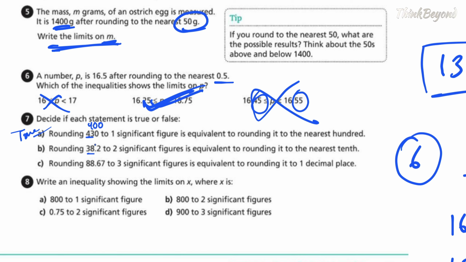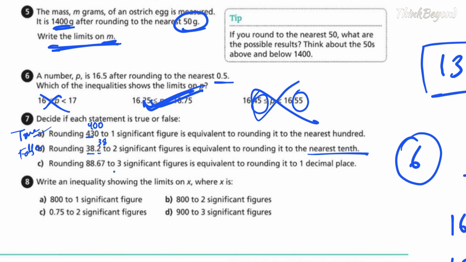The next digit is 2, right? Which is less than 5. So we round down. The result is 38. This is the same as rounding to the nearest whole number, but not the nearest 10. So this is false.